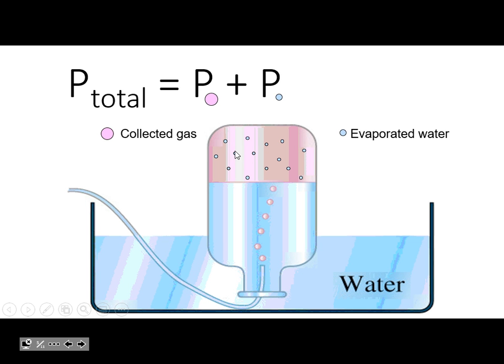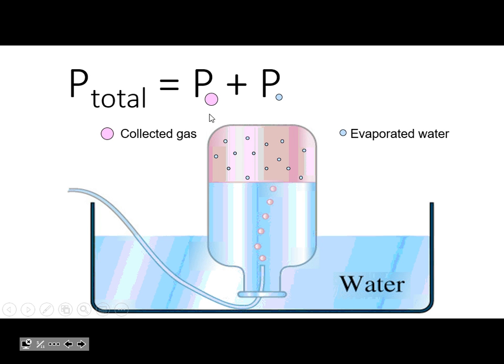Now, to get the total pressure right here, and this is Dalton's law of partial pressures, I just need to add up the two pressures: the pressure of the water vapor and the pressure of the pink gas.